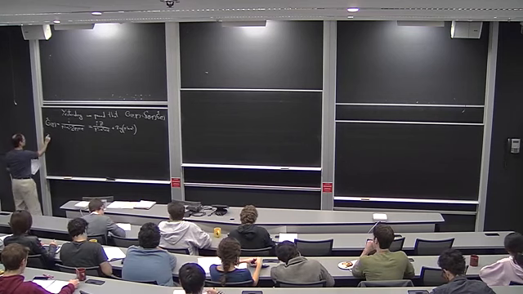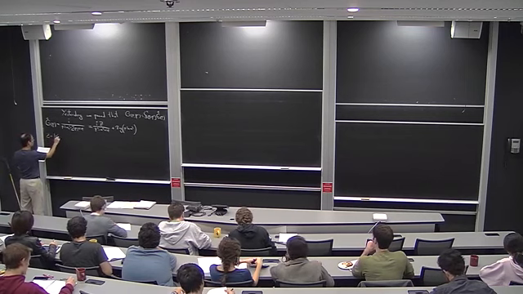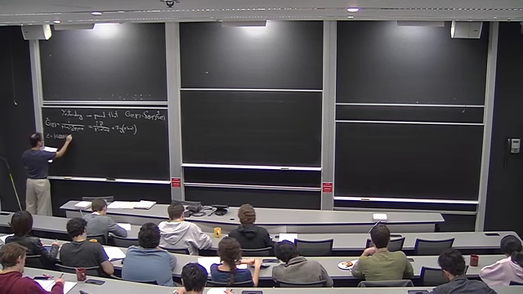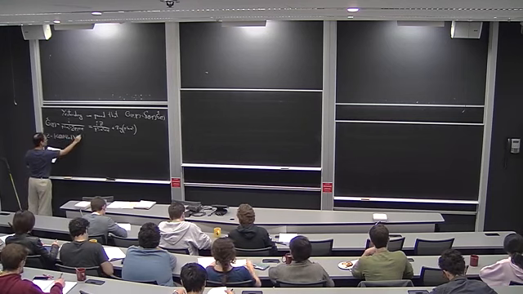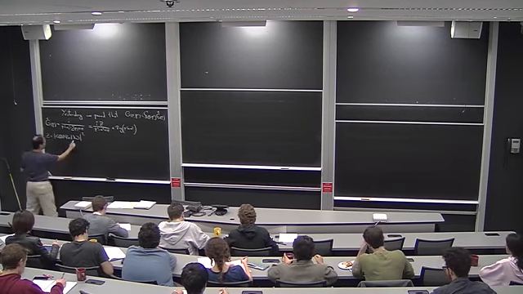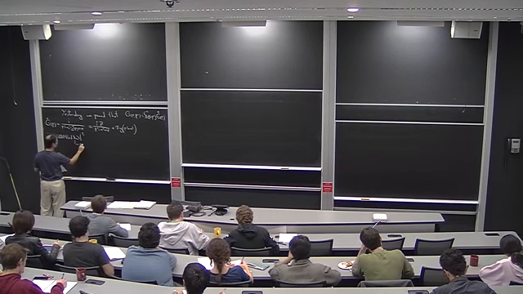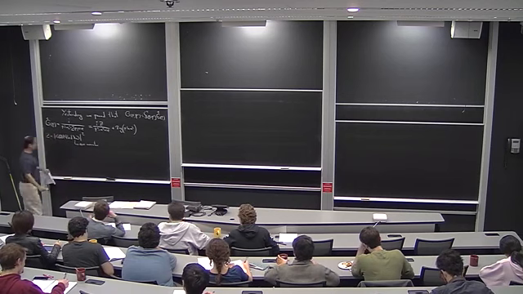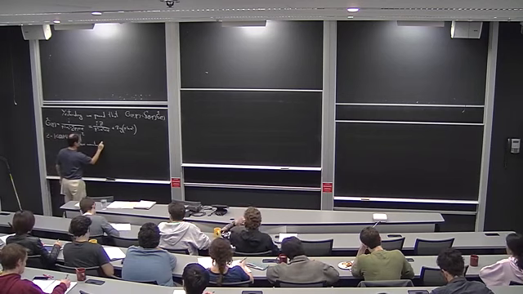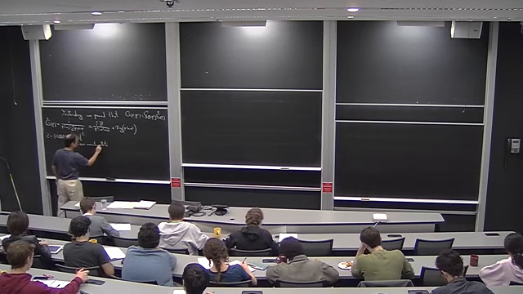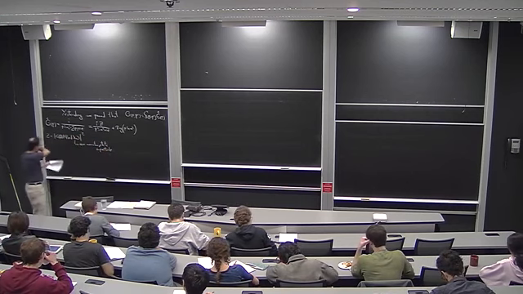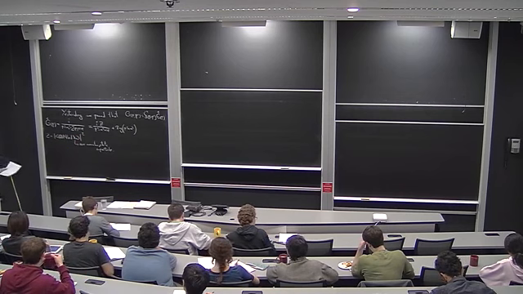So this Z happened to be this object, where this was the zero momentum one particle state. Okay.